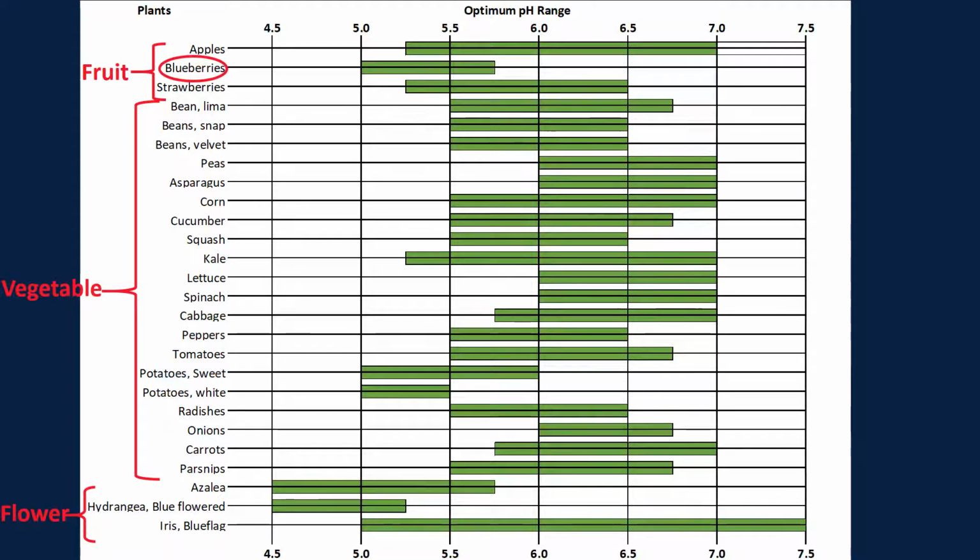So look here at our blueberries, they tend to like the pH around this 5.5 to about 5.7 range. If we look at our sweet potatoes and our white potatoes, they also tend to like a lower pH soil. And then if we look down here at our flowers, we see that azaleas as well as hydrangeas, they also like that lower pH.